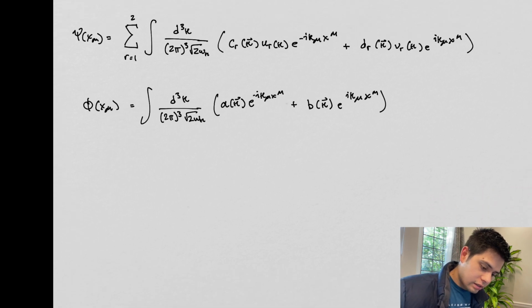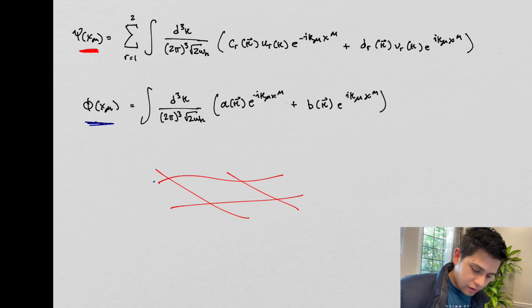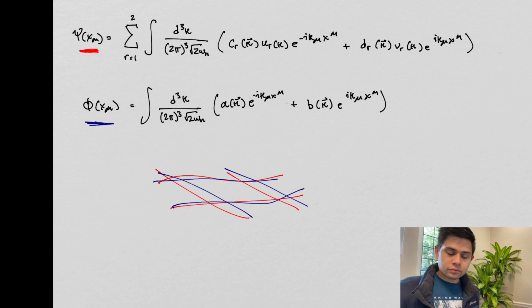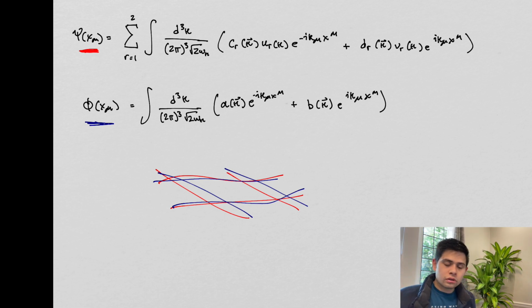What is this telling us? I'll call this red, I'll call this one blue. We have two fields, right? We have our spinor field, and we have our scalar field, these are what they look like. They're integrals.